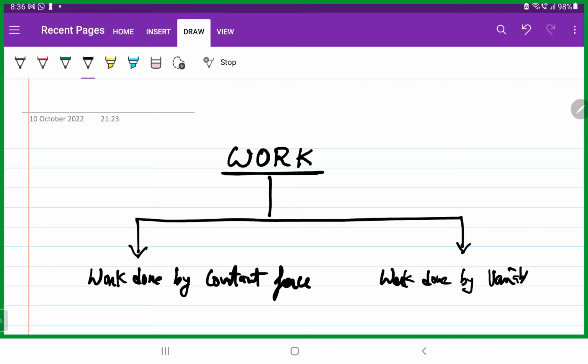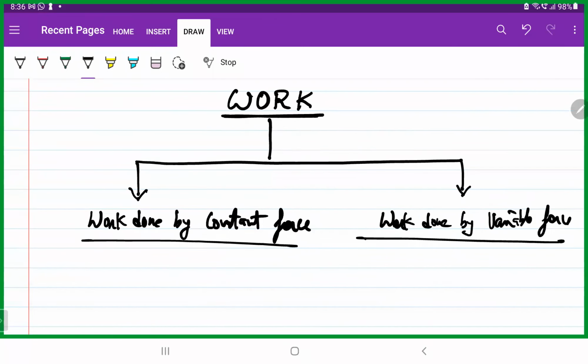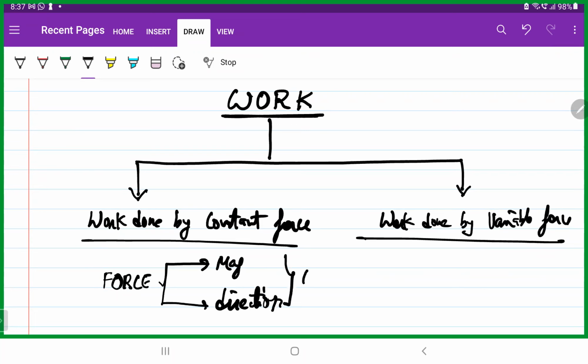One is work done by a constant force, the other is work done by a variable force. Now, when we say the force is constant, remember force is a vector quantity. So the force magnitude as well as direction, these two quantities should be constant.